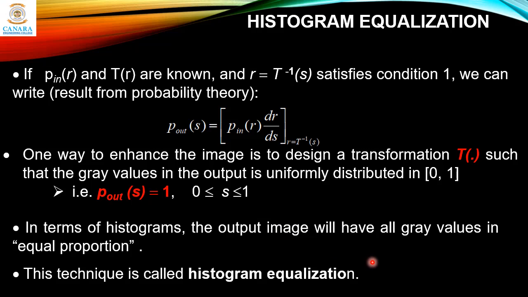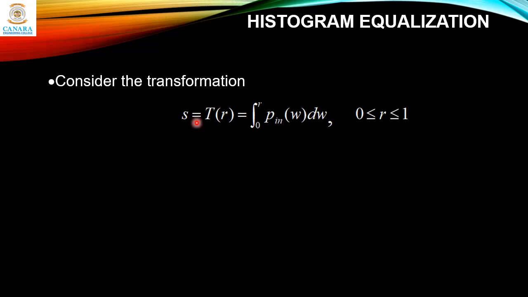In the next part we'll derive the expression for this function T of R, and basically this is point processing. We are acting on only a single pixel value at any given time. So let's consider the transformation S equal to T of R, which is equal to the integral of P in of W dW. The integral varies from 0 to R, where R varies from 0 to 1.